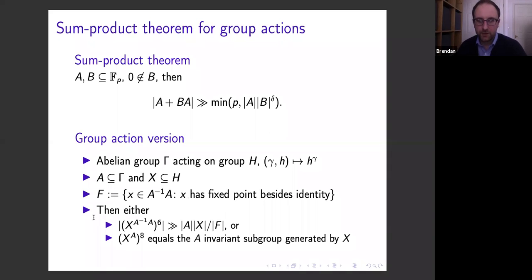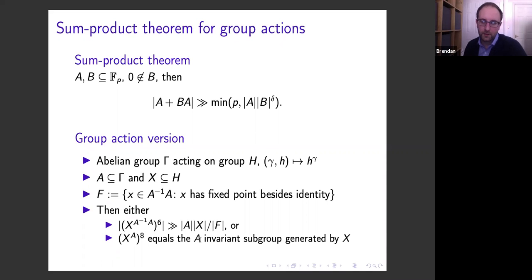But Helfgott's group action sum product theorem then says if we take this product set, A inverse times A, apply that to our set X, and then take 6 products of that set, so roughly you could think of that as summing 6 copies of something like BA, then that should grow, provided that this fixed point set isn't too large. So as long as this fixed point set is significantly smaller than the size of A, then we get some growth.